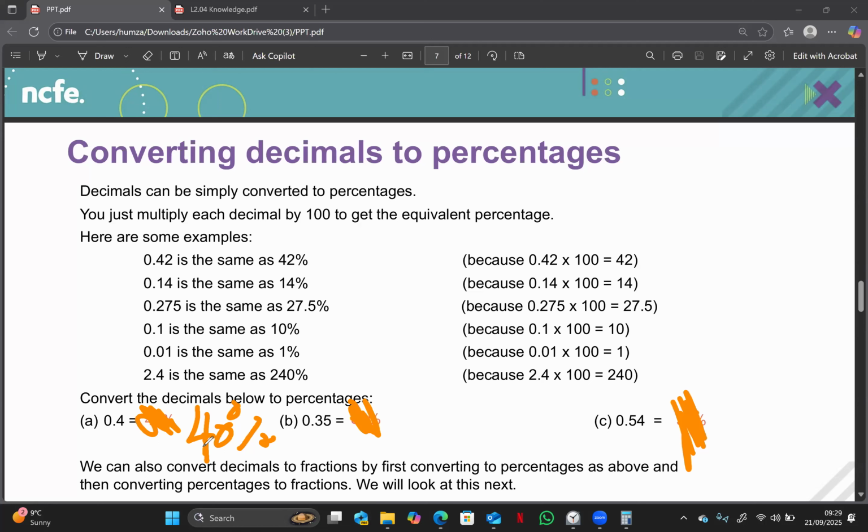So the answer is 0.35 times 100, 35%. Exactly. And the last one?